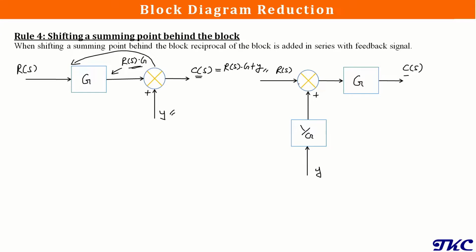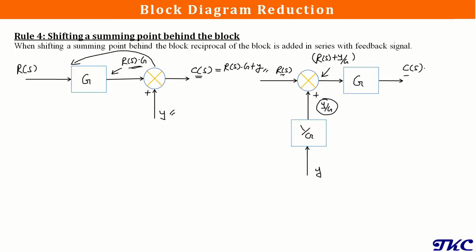So now let's find what the output is here. The signal after this summing point will be the addition of this input signal and this feedback signal. Here the feedback signal will be Y into 1 by G, so it will be Y by G. This signal will be added with the input signal, and we will have the signal after the summing point as R of S plus Y by G. Now this signal will go through this block and be multiplied with it.